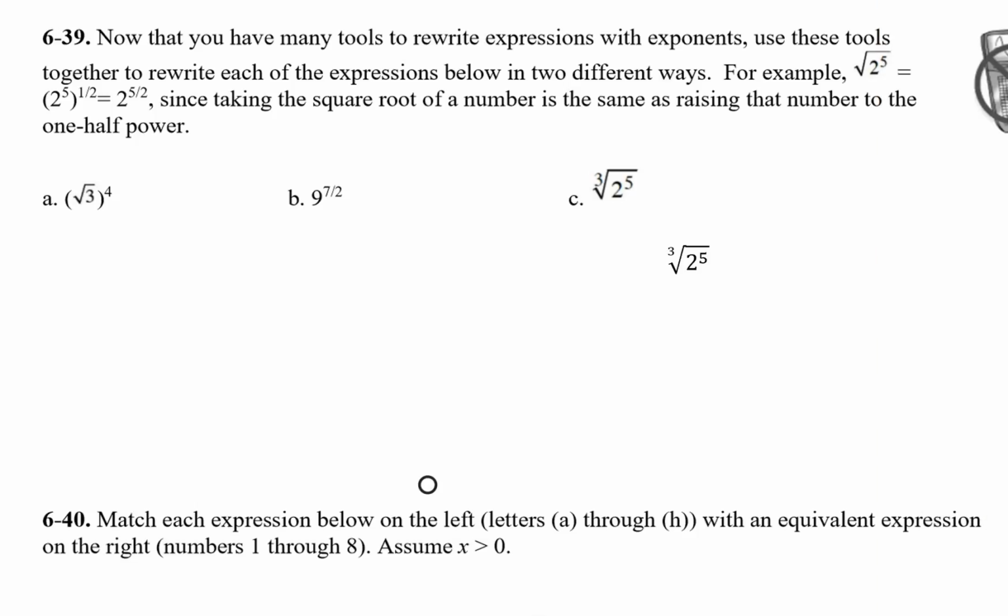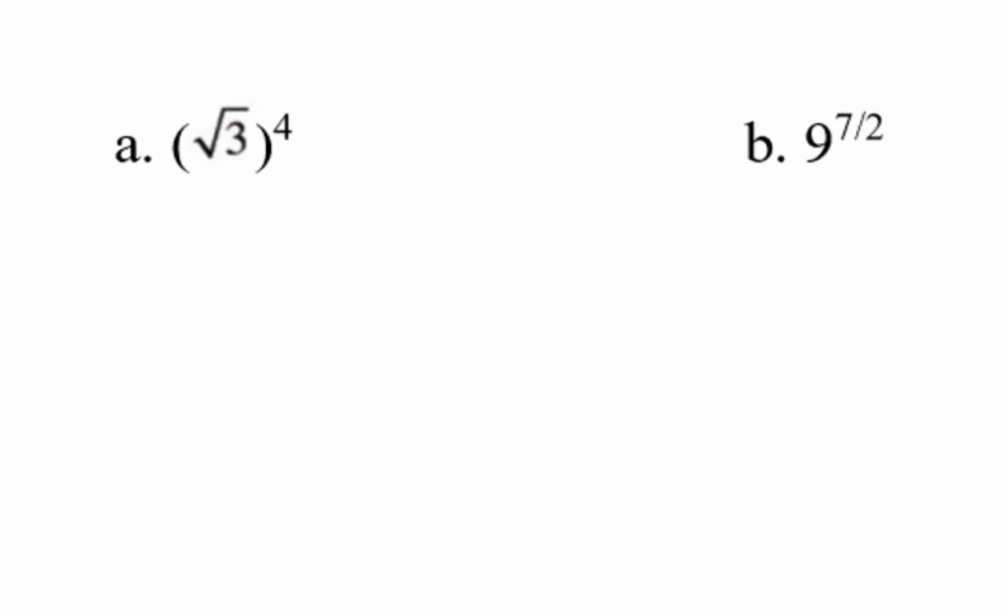Okay, so let's take a look at this. So this A, I can say this is 3 to the 1/2 power to the 4th power. So this is multiplication here, right? Multiply a power to a power.